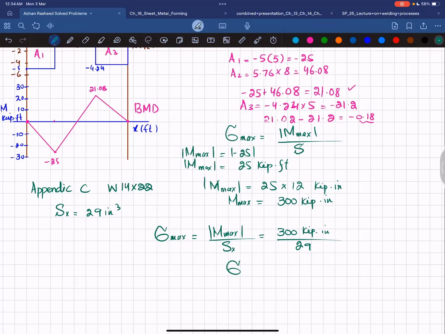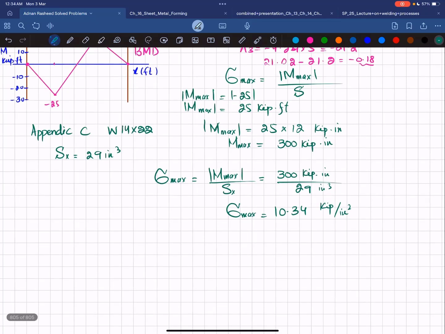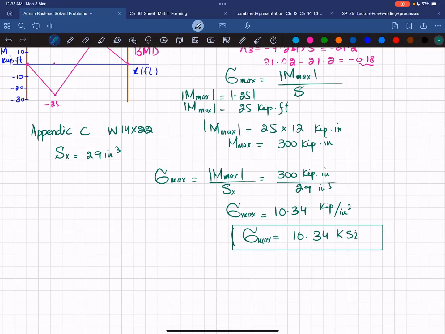Sigma max is equal to 10.34, and unit will be kip per square inch, also known as KSI, kilo pound per square inch. And this is the answer of our second part.